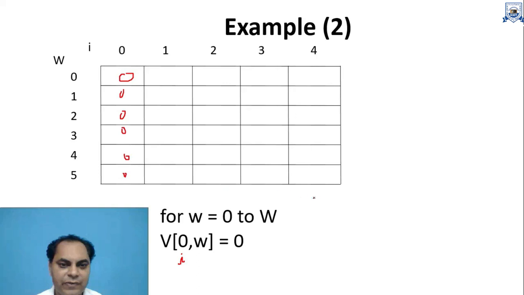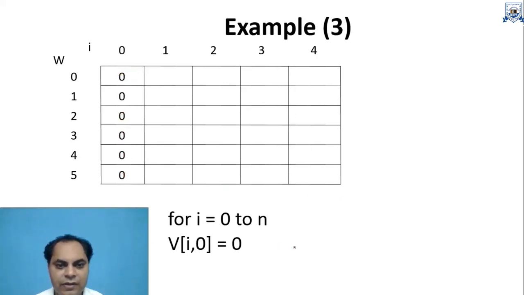Now come to the second loop. As per this loop, for i equal to 0 to n, V[i][0] is equal to 0. That signifies that if the capacity of the knapsack W is 0, it always remains 0, it doesn't matter how many items you have, it would not provide any value to the solution. So it is 0.